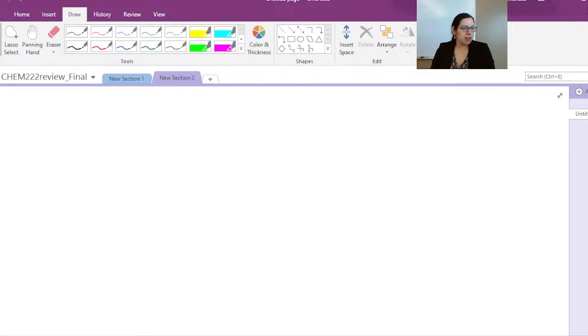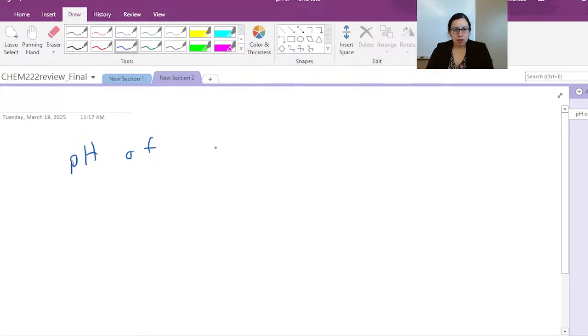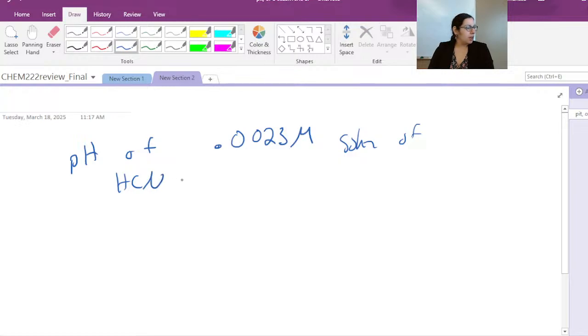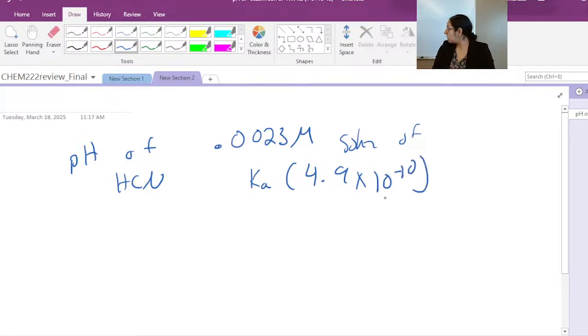So let's try this problem. Let's calculate the pH of a 0.0023 molar solution of HCN, and our Ka is 4.9 times 10 to the negative 10, at least according to this value here. Again, you may see different values on the internet.